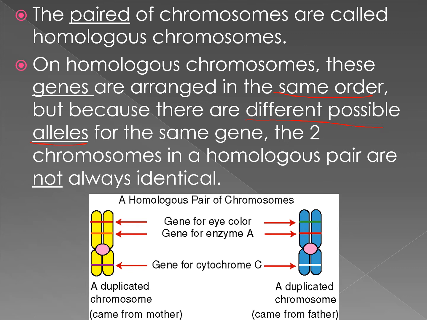So this may mean mama has brown eyes and daddy has blue eyes. They're not going to be identical because those are different alleles, okay? The 2 chromosomes in the homologous pairs are not always identical. Why? Because your mom and dad are not identical. So your eye color, your hair color, your structure, your body size, all those things are taken into consideration.